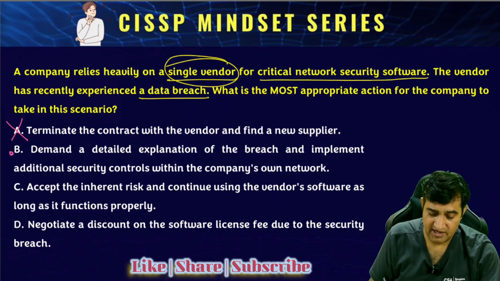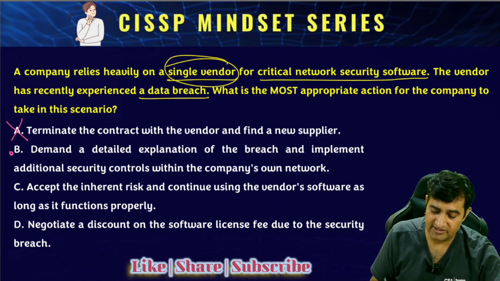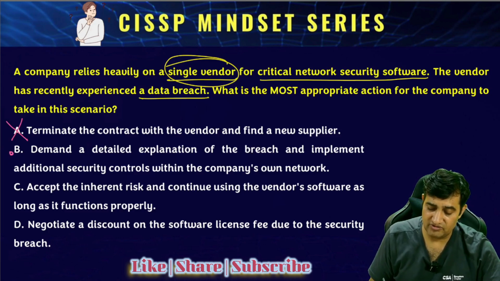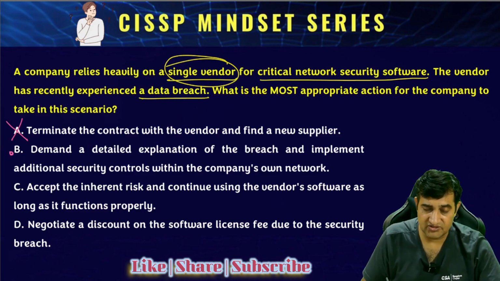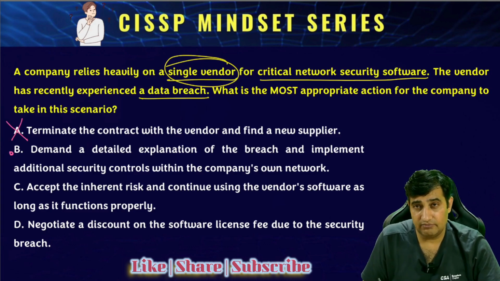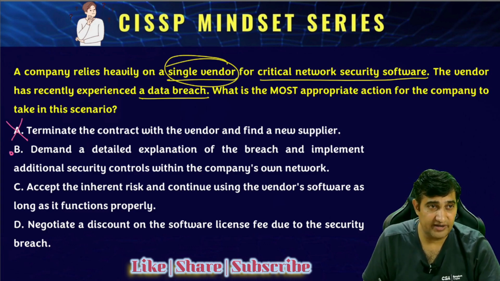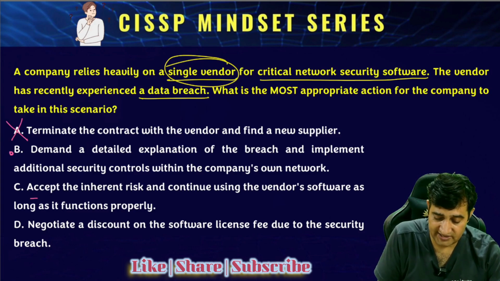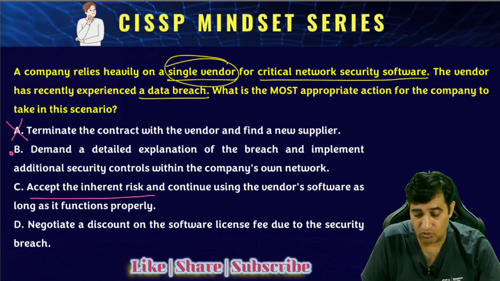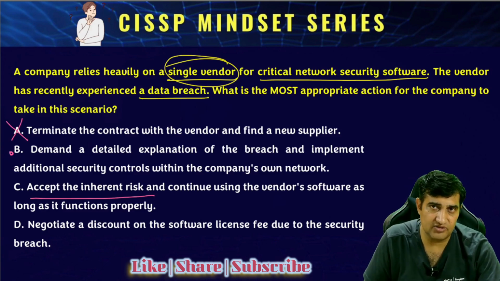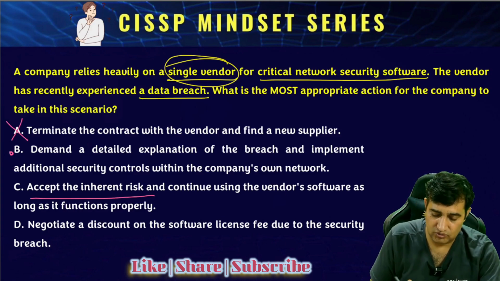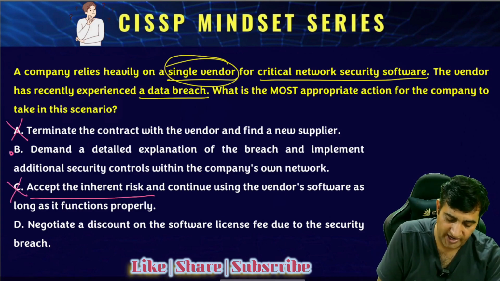Option C says accept the inherent risk and continue using the vendor software as long as it functions properly. I think this is ignorance, right? You don't know how much the risk is. You have not calculated the risk, and you are simply going to accept it, which is not the right way. So we have to drop this idea also.